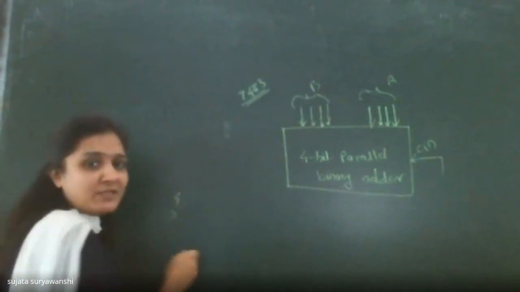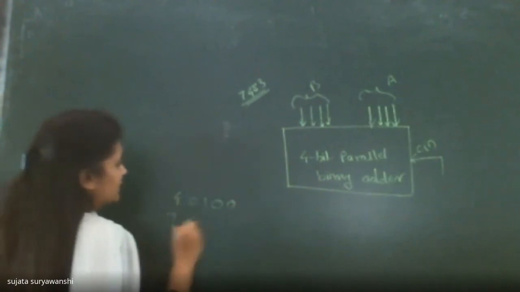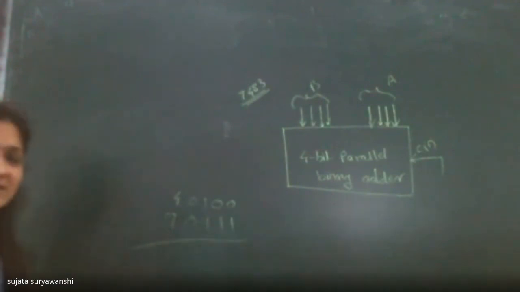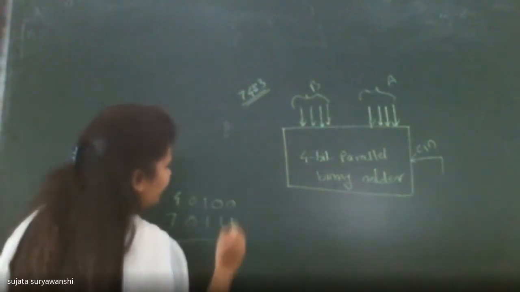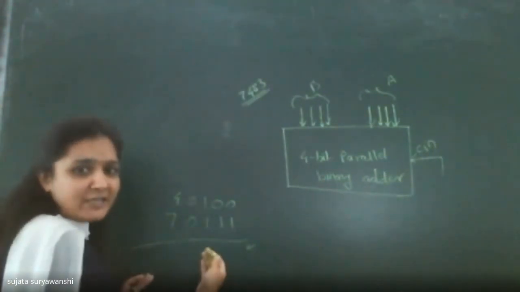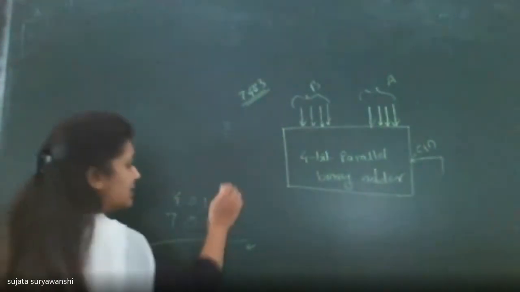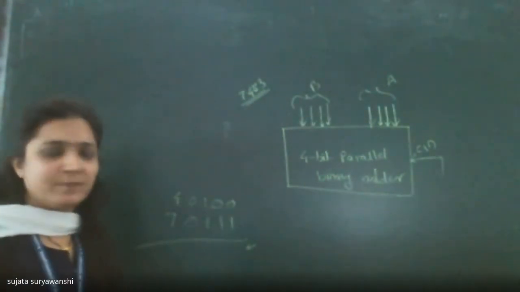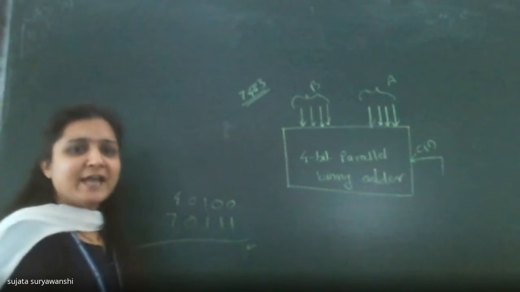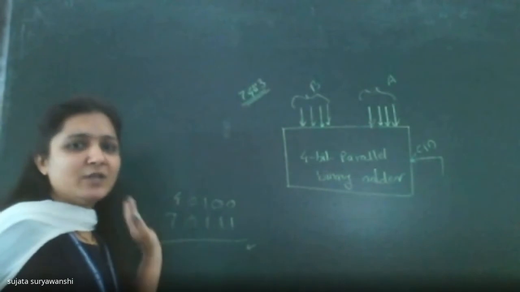Suppose I take the previous example, 4 plus 3. So 4 is 0100 and 3 is 0111, as written. When you start adding these numbers, you have to start with the LSB bits only. These are the two LSB bits. Just check whether a Cin is there for the last full adder. No, no Cin is there for the last full adder. That full adder will add only these two bits, and whatever carry is generated from this addition will be given as Cin to the next full adder.